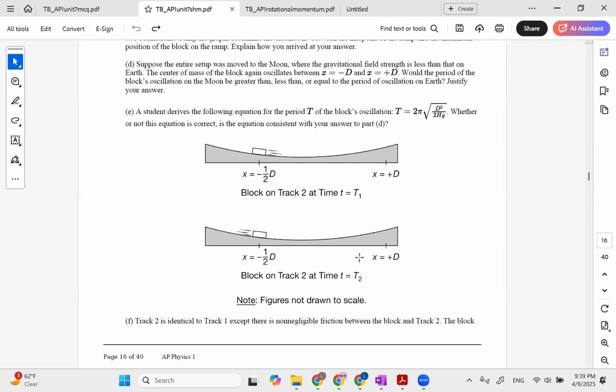Why is it at T1? Because at T2, the acceleration is less because it already lost speed from friction. Lost speed from friction, okay. And then how about the second one?